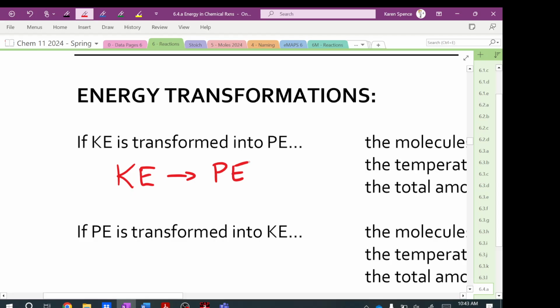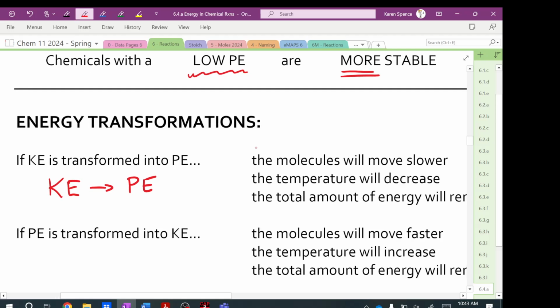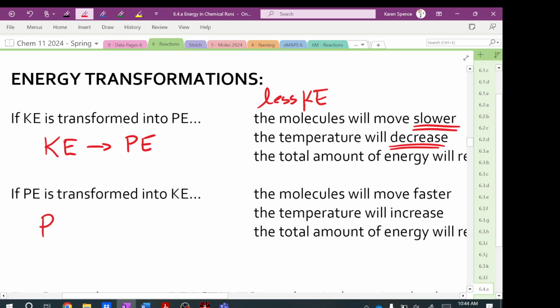It's going to be lower because we're going to have less kinetic energy. The molecules will move slower. If they're moving slower, the temperature is going to decrease. What is happening to the total amount of energy? Nothing, because you've just transformed some kinetic into potential. The two of them together still equal the same. If, on the other hand, we take potential energy and transform it into kinetic energy, now we have more kinetic energy. The molecules will move faster, the temperature will increase, and the total amount of energy will stay the same. Okay, good.